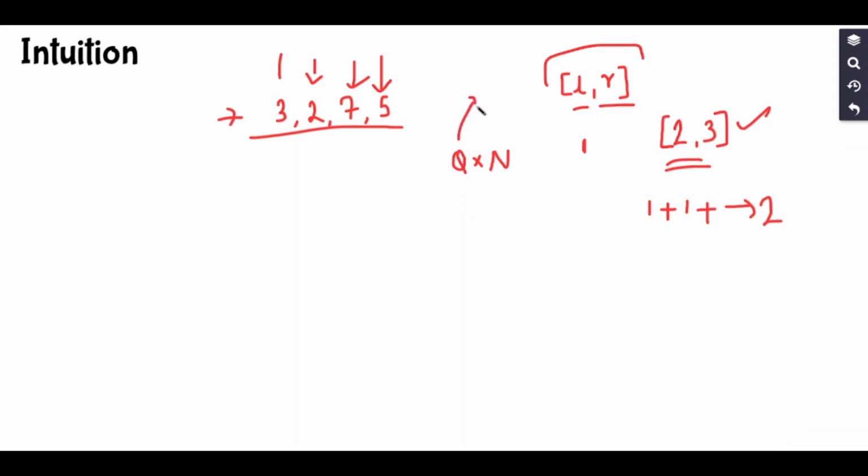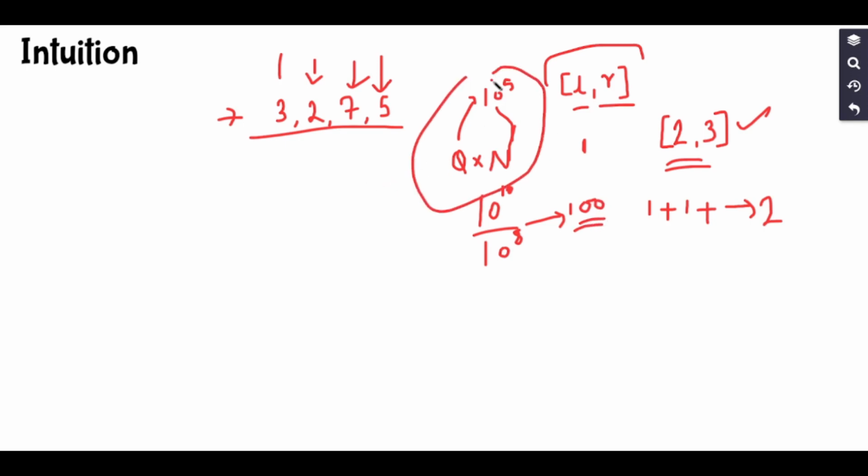If q goes up to 10 raised to the power 5 and n goes up to 10 raised to the power 5 as well, the time complexity would be 10 raised to the power 10. If our computer performed 10 raised to the power 8 iterations per second, it is going to take 100 seconds to complete this task over these constraints, which is bad.